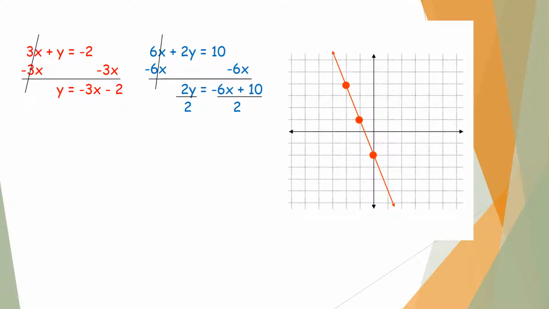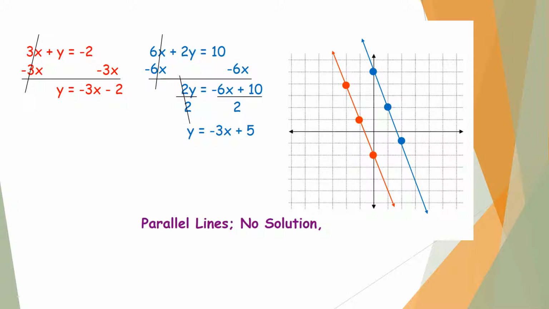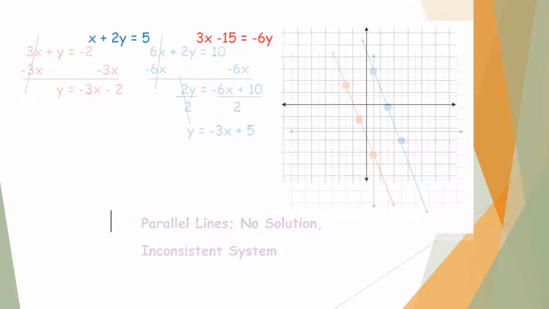And then I will divide everything by 2. And so this system is y equals negative 3x plus 5. These are parallel lines because they have the same slope and different y-intercepts. So this is no solution, an inconsistent system.